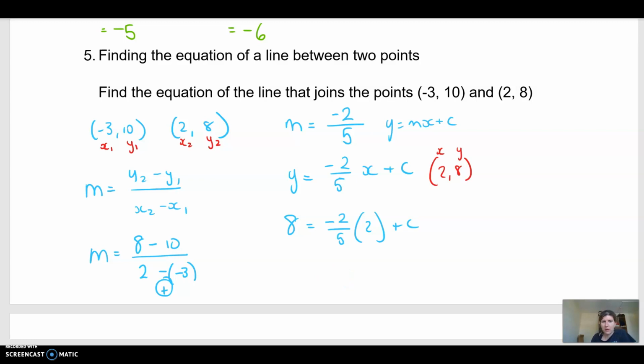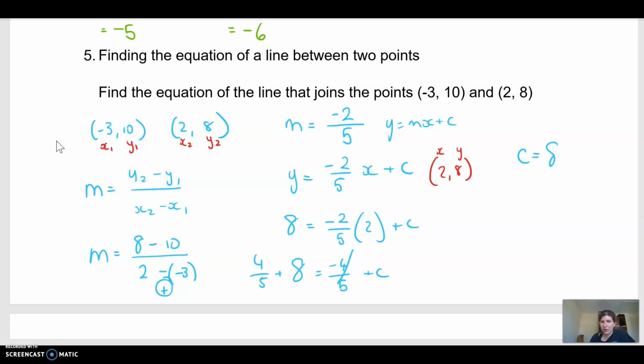Okay, so now I've got 8 equals -2/5 times 2. Well, that's going to be -4/5. You've got two lots of -2/5, so -4/5 plus c. And then from here, we're going to add this 4/5 to the other side, because it's negative on that side, so we want to cancel it out and make it positive on the other side.